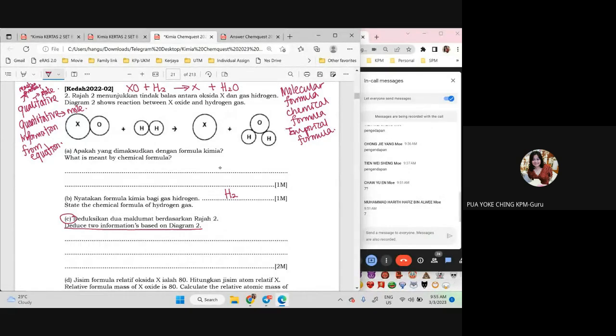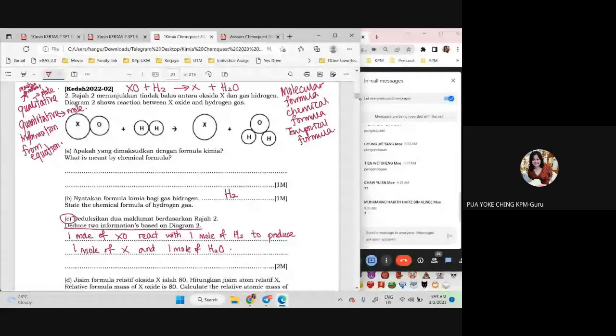So, for this answer, is still that 1 mole of XO react with 1 mole of H2 to produce 1 mole of X and 1 mole of H2O. Okay, 1 mol XO bertindak balas dengan 1 mol H2 untuk menghasilkan 1 mol X dan 1 mol H2O.